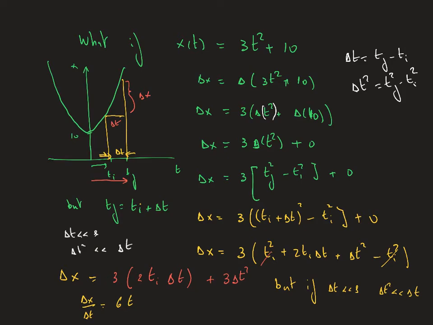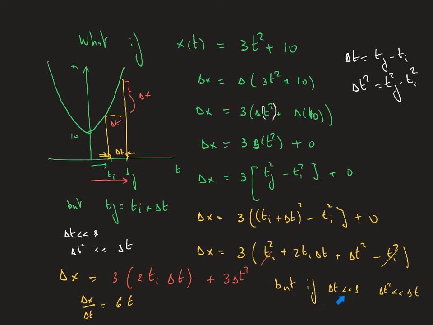So what we do is like this. We try to see very, very near the point, and we try to see what is delta x divided by delta t. So we have delta x equal this expression. You can reduce this expression to this expression.